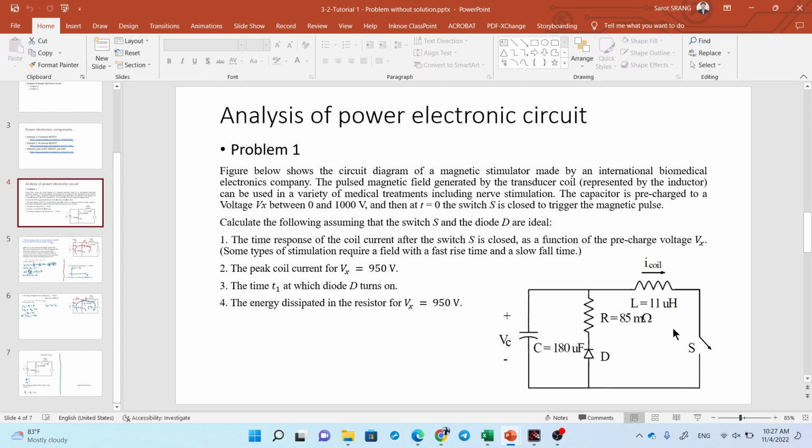When the capacitor is charged, this one is off. When it's fully charged, then you switch on to stimulate magnetics. This magnetic stimulator may be a device that is used to activate your heart when your heart is not functioning, right?